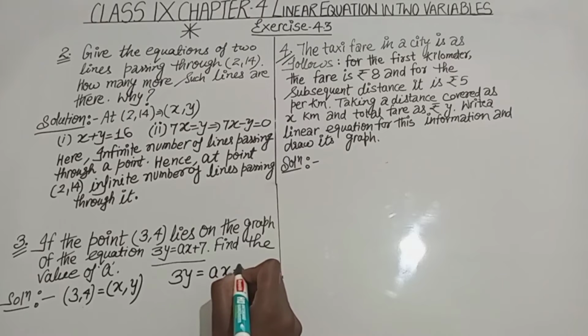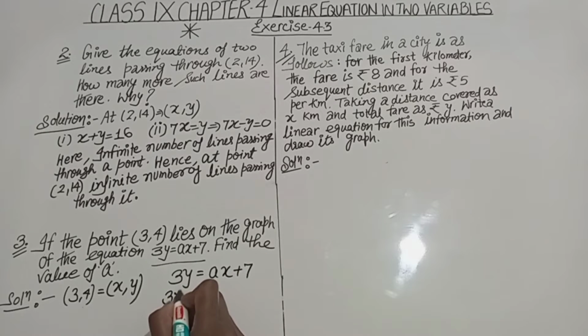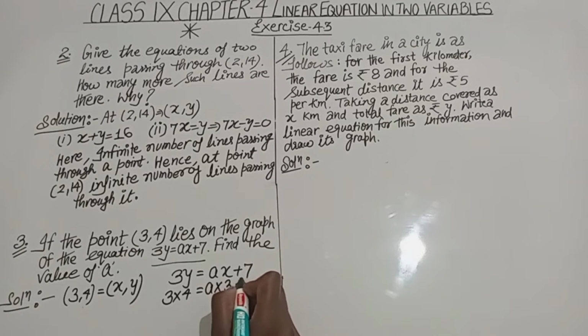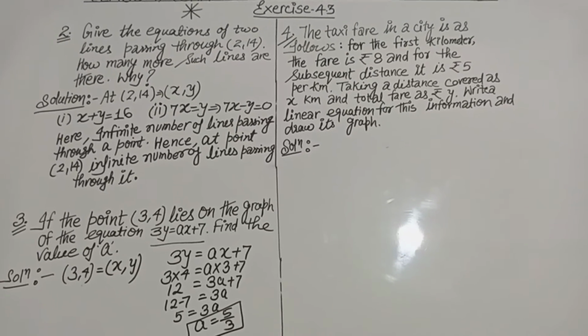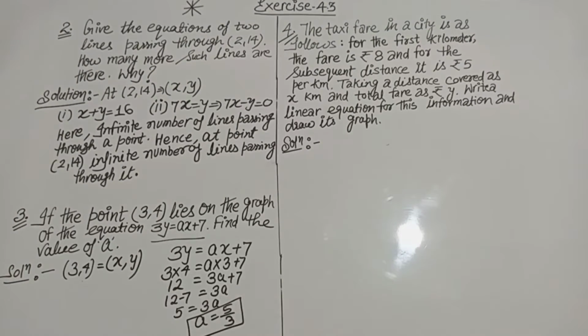So 3 into 4 is equal to a into 3 plus 7, so 12 is equal to 3a plus 7, so 12 minus 7 is equal to 3a, so 5 is equal to 3a, so a is equal to 5 upon 3. This is the answer of question number 3.